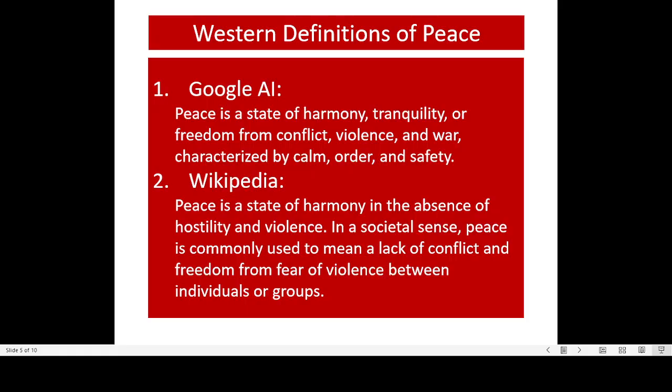Now, we take a look at Western definitions of peace. Here are two examples, one from Google, one from Wikipedia. These definitions are subjective. You can't tell what the purpose for peace is, whether it's for everyone or just for one belief.